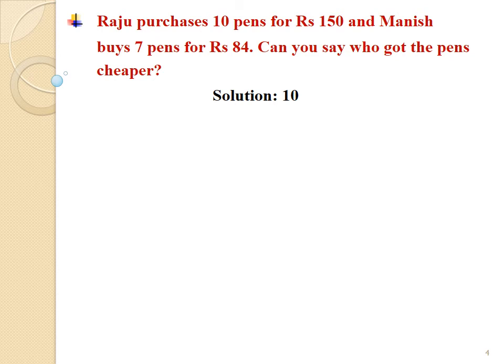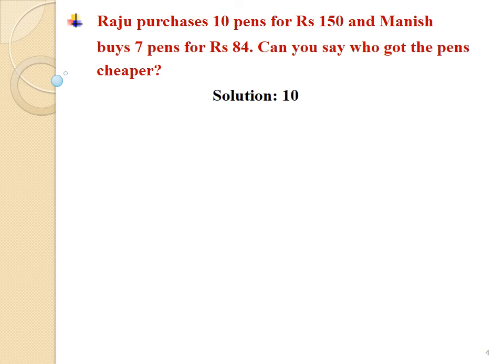Students, in this question, we have to write who got the cheaper pen, either Raju or Manish. Students, in order to answer this question, we have to find the cost of one pen for both Raju and Manish. So now, let us solve sum number 10.